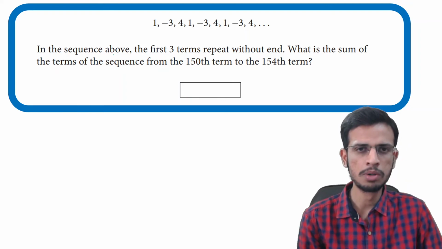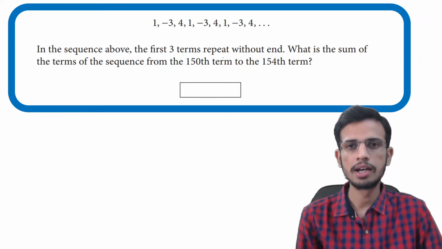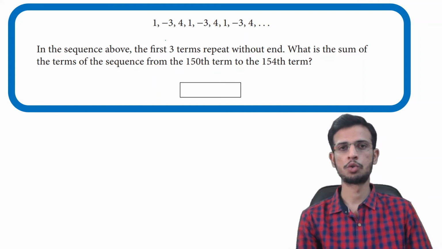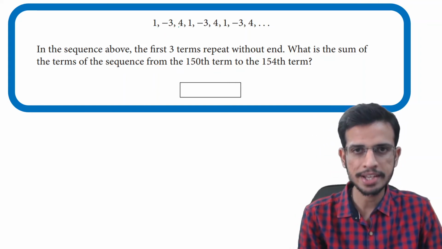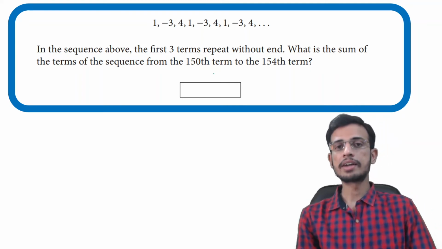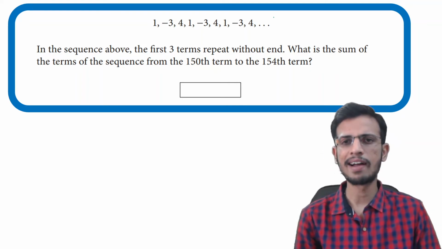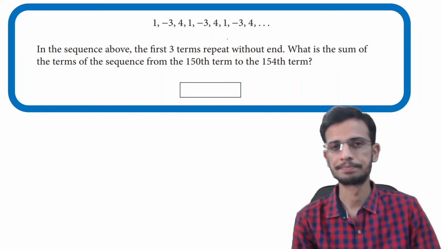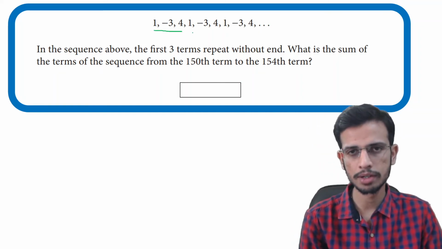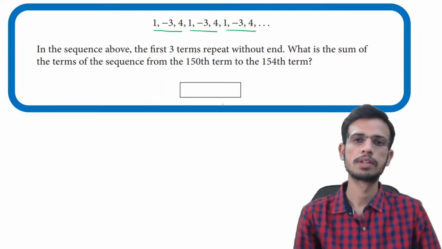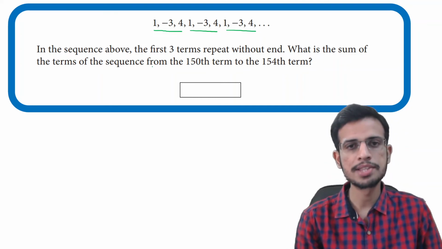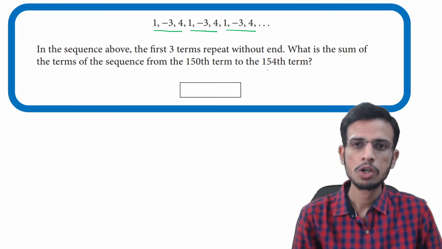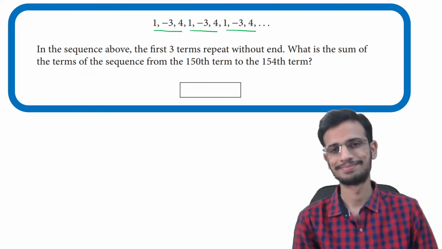The first 3 terms, 1, -3 and 4, repeat without end. Infinite terms are there in this sequence: 1, -3, 4, 1, -3, 4, 1, -3.